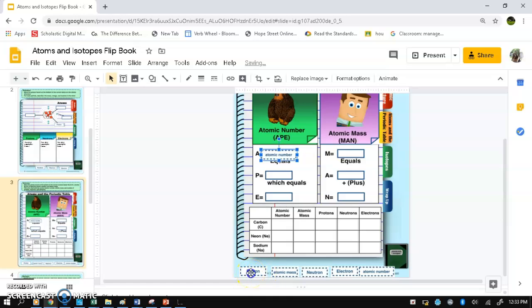Atomic number equals the protons, which equals electrons in this case. In this case only. I want to stress that this does not happen in the real world, but for our samples right now, it is the same. Okay?